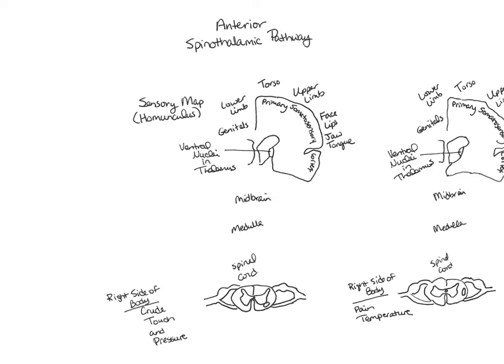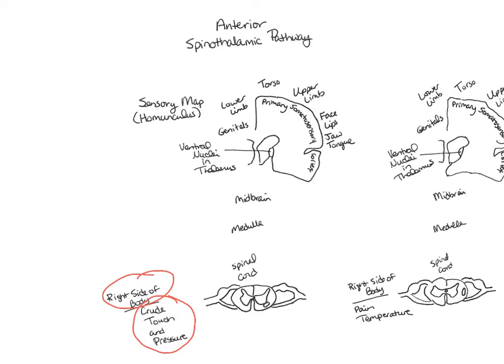Right? So again, what we're looking at down here is the right side of the body, and we're saying crude touch and pressure, because that's the anterior spinothalamic pathway. That's the modality it carries. All right? So something happens, there's some type of crude touch or pressure.